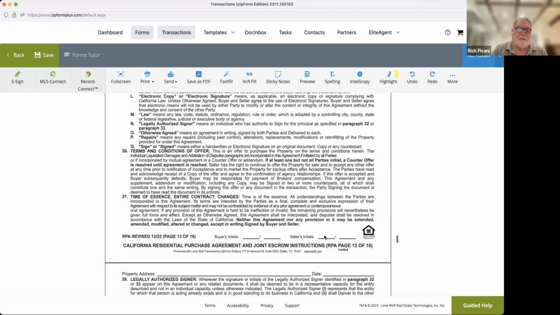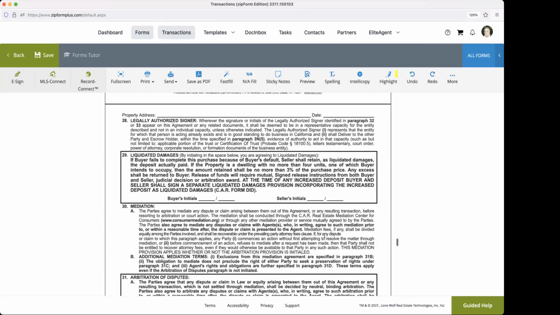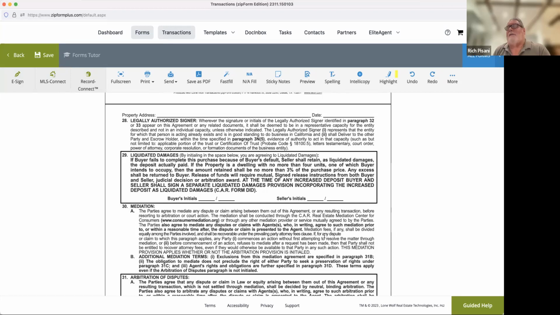But why would you do that, Rich, to the other side, unless it's just been really hectic with them? I've had agents on the listing side say, look, I am a stickler on timelines, and if your contingency is up on this day, I'm going to give you a notice to perform 2 days prior.